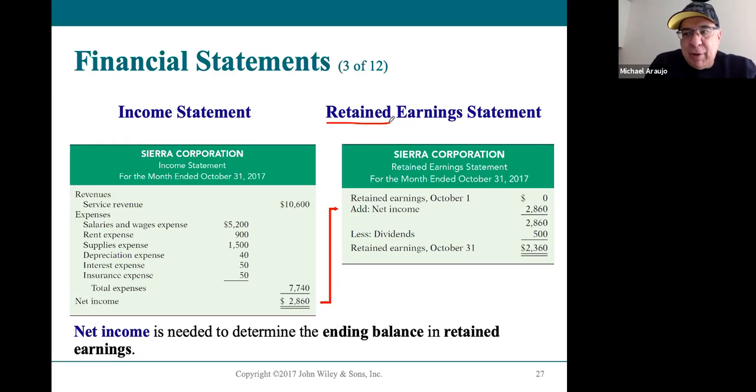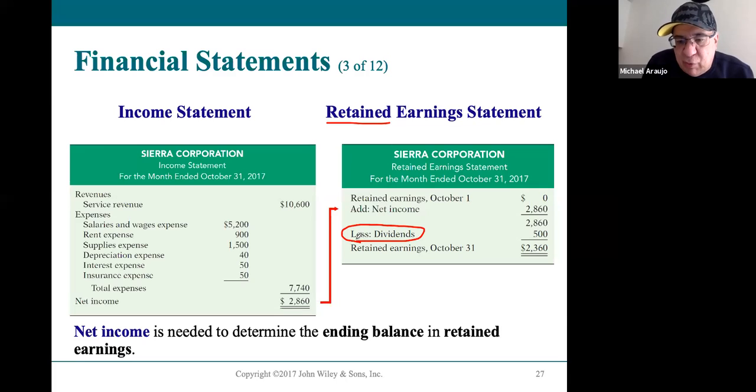Well, what else can happen to the profit? The other thing that can happen to the profit is some of the profit can be shared with the owners in the form of a dividend. And so dividends are simply a portion of the profit that is sent directly out of the company to the stockholder's personal account.